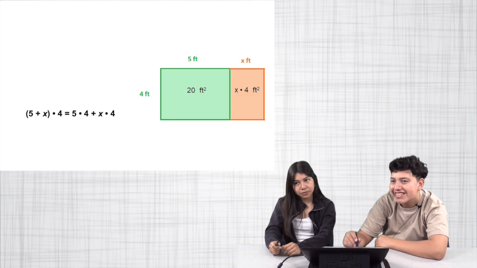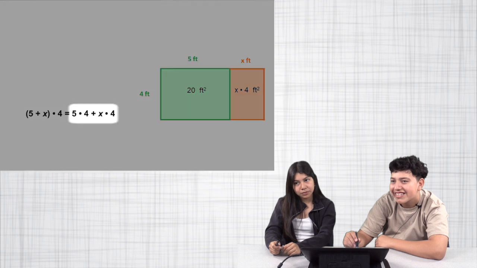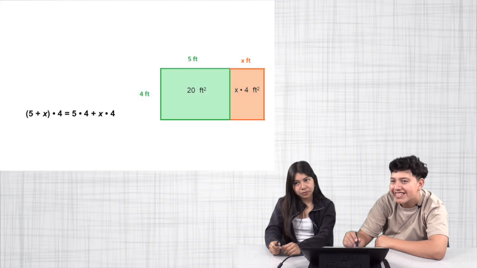Emily and Mauricio realized that Mia's right side of the equation looked like their previous expression, 4 times 5 plus L times 4. And the left side looked like their equation, 4 times the quantity 5 plus L. They had used L to represent the increase in length, whereas Mia used X. There was another difference too.